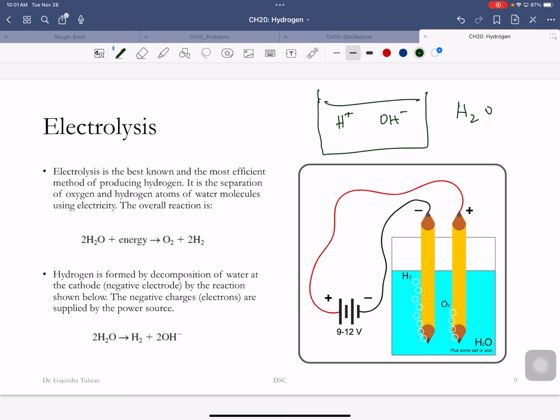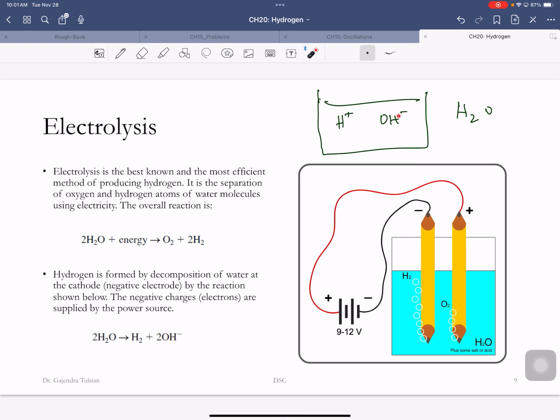So here's hydrogen, and here's a hydrogen ion, and here's a hydroxyl ion. This is a battery which is providing electricity. Electrons flow from here and go there. And this hydrogen will grab the electron and become a hydrogen molecule. And so hydrogen is bubbling out.